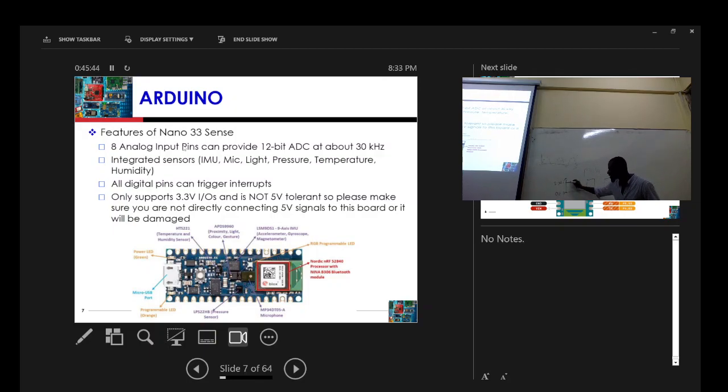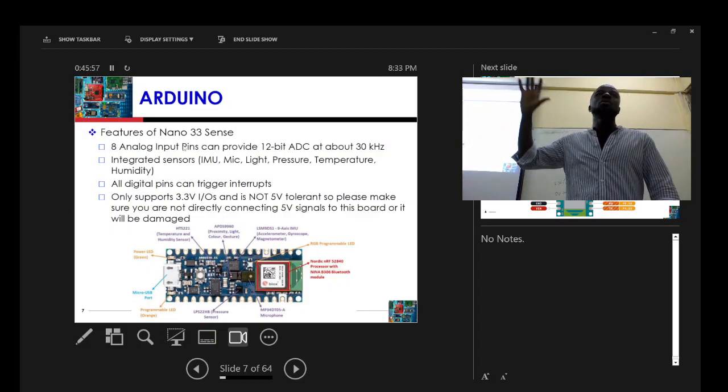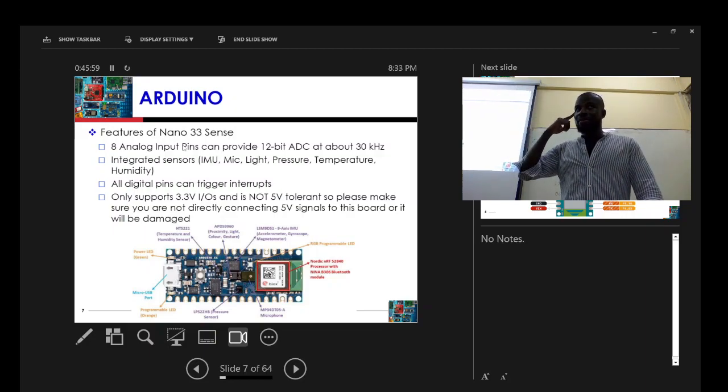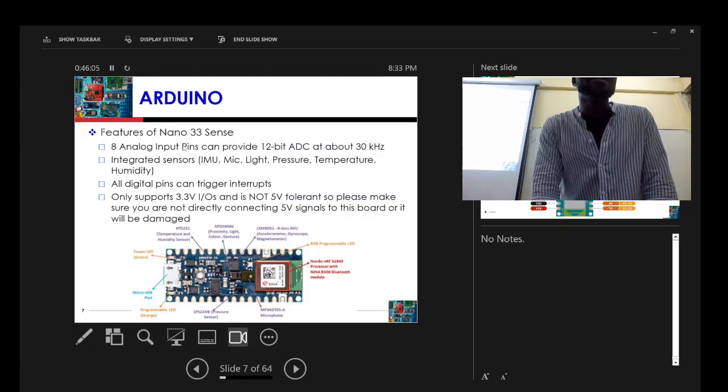So this is high, and then it goes low, then it goes high, it goes low. Now, if I connect an LED to any of the digital pins, it is either high or low, on or off. Now, if I want the LED to dim, how do I do it?